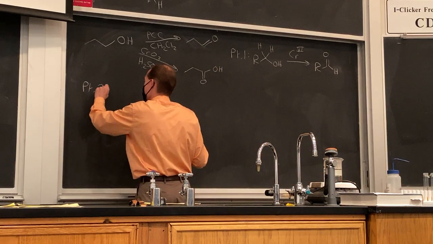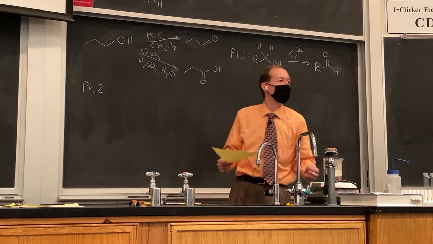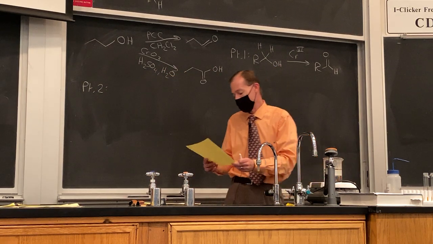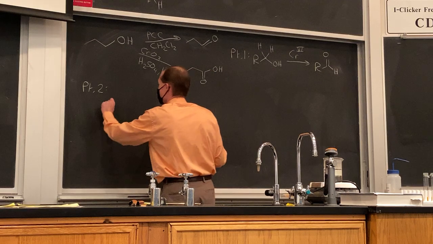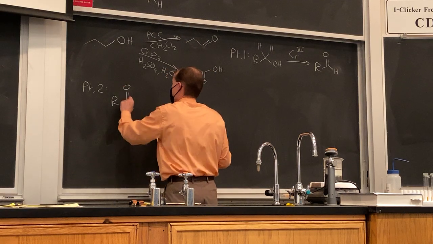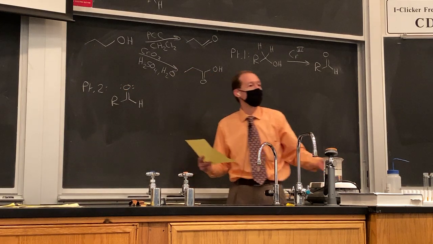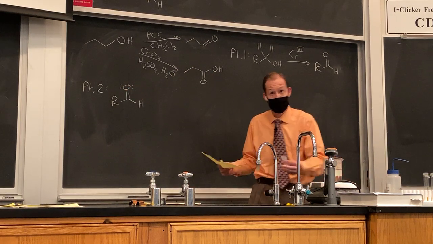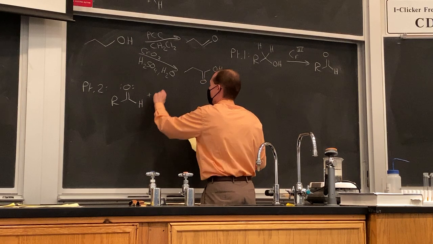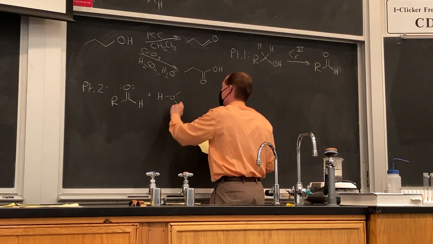So in part two of the mechanism, we're going to form an intermediate known as a hydrate. So we're going to start with our aldehyde. Our aldehyde is the product of the first part of the mechanism. And we're going to react that aldehyde with H3O+.